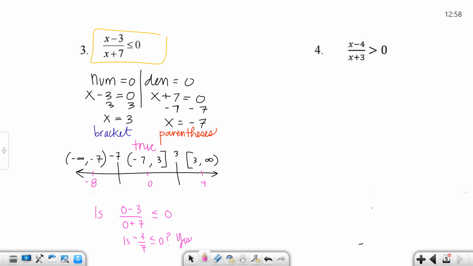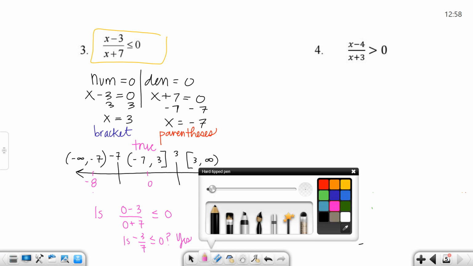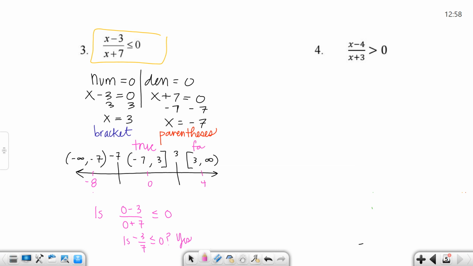Well, I know from our previous examples, if this one's true, that means that this next one has to be false. This next one over here also has to be false. And remember, you're only picking your true statements. Pick true. And there we go. And that's your answer. So see, they speed up a little bit.